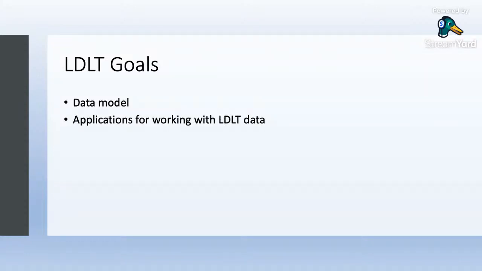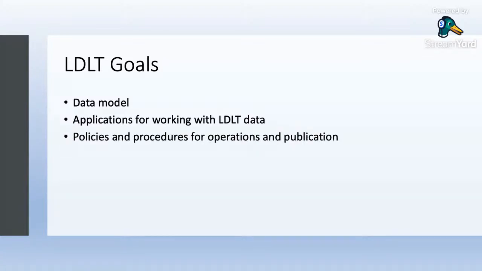We wanted to develop applications for working with the LDLT data, mostly because most human beings don't want to look at XML, for example. They'd prefer to work with a nice readable layout or interface. We needed to develop policies and procedures for operations and publication of editions, and we needed to publish editions.